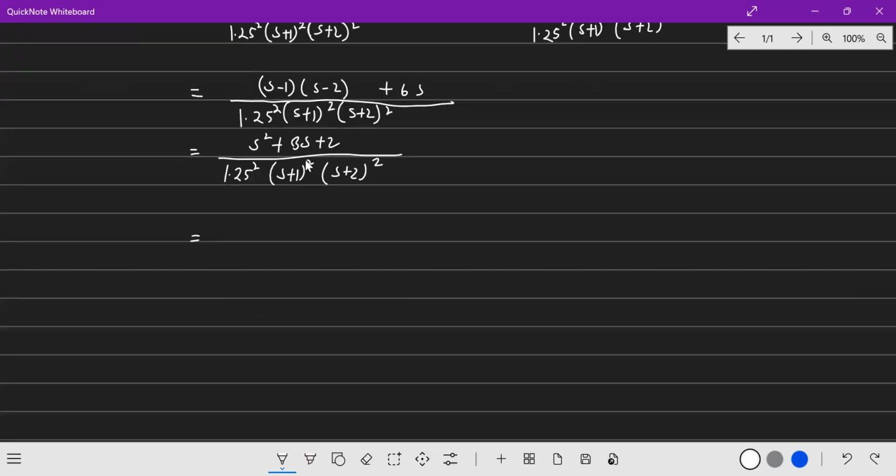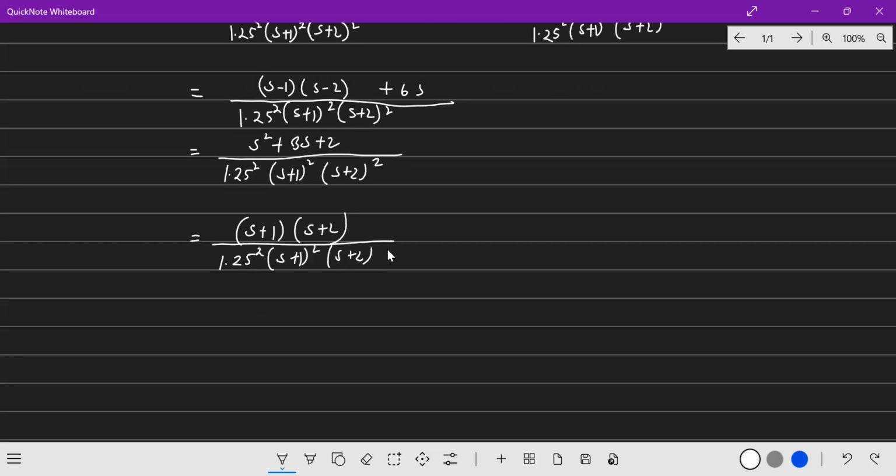Now next thing we're going to do: let's factorize the top one. I think there's some pole-zero cancellation there. We have S plus 1 and S plus 2 as the factors, and then divide by 1.25 squared, S plus 1 squared, S plus 2 squared, right?